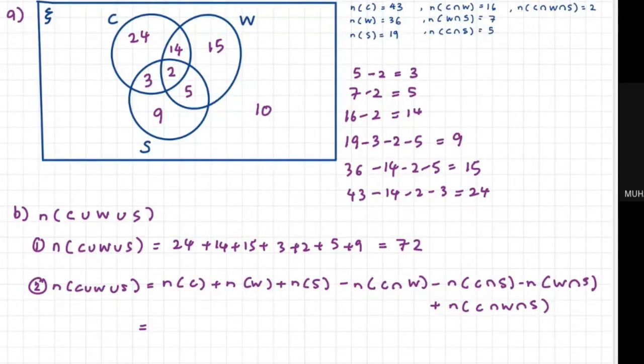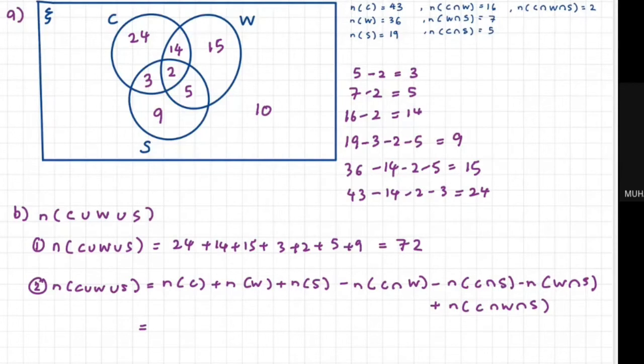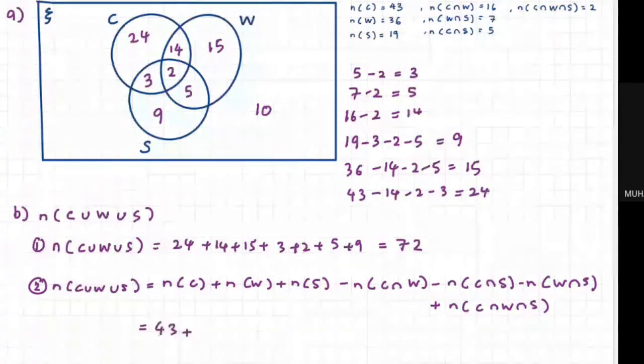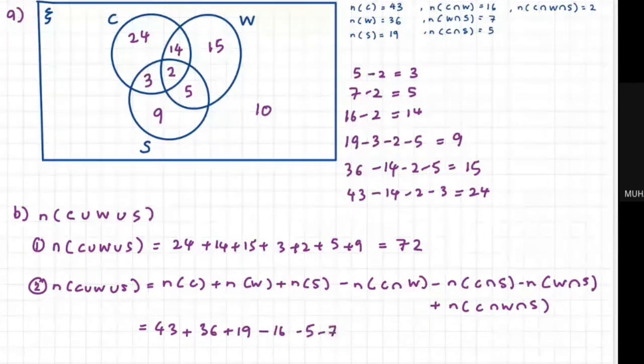We just take the values from this part where we wrote down the information from the question. So n(C) is 43 plus 36 plus 19 minus 16 minus 5 minus 7 plus 2.